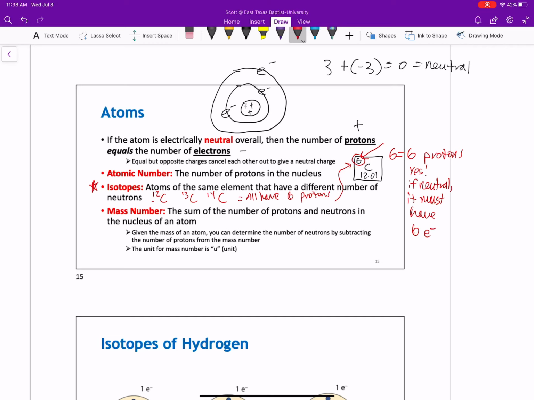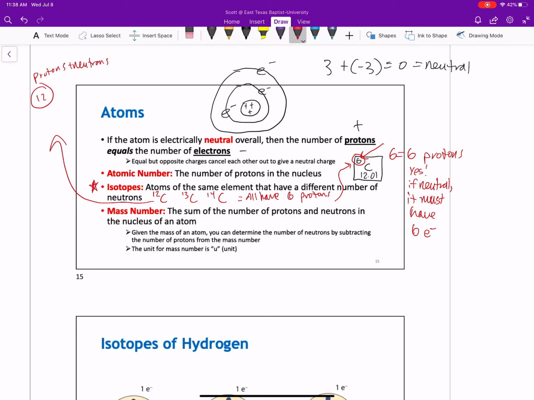And so if you take carbon-12, the way you can find the mass is, if you look below on the slide, it says mass number is the number of protons and neutrons in the nucleus of an atom. So what this number represents is protons plus neutrons.